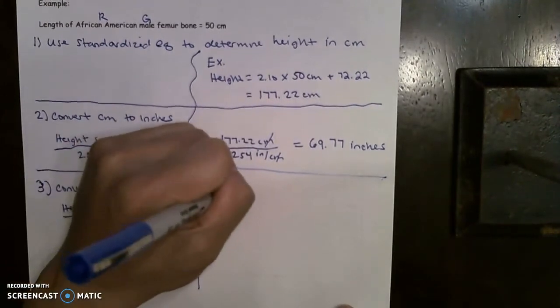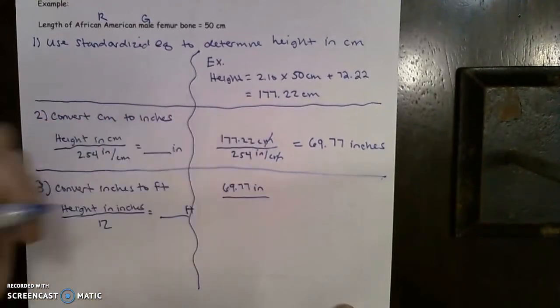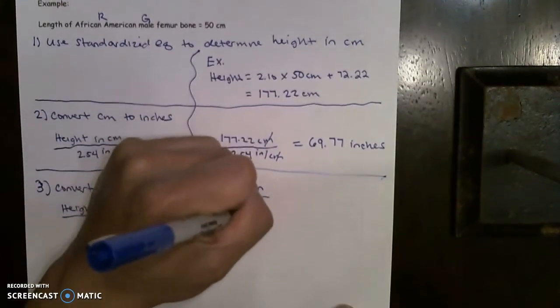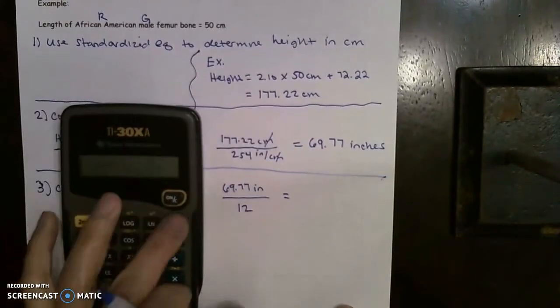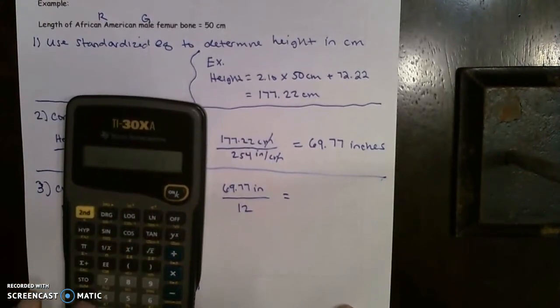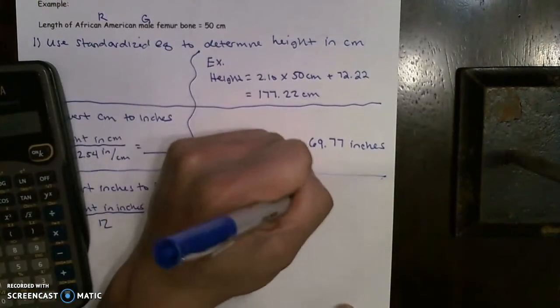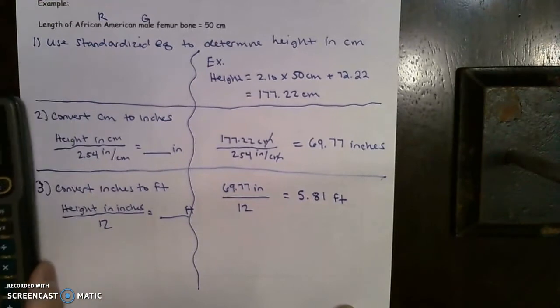So I've got 69.77 inches divided by 12, and that's going to give me 5.81 feet. Now notice this is decimal feet.